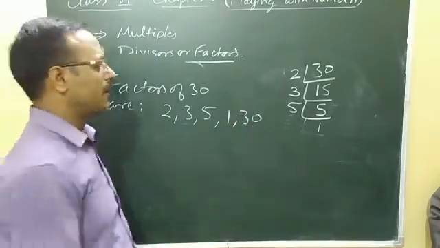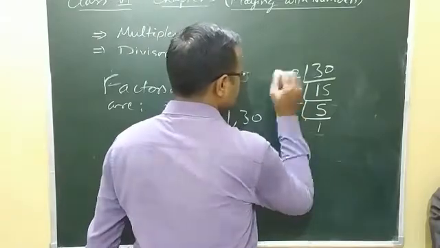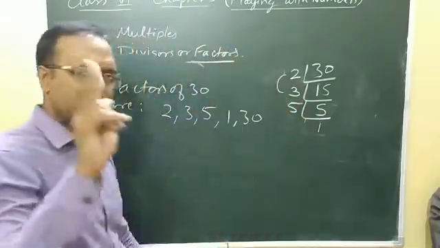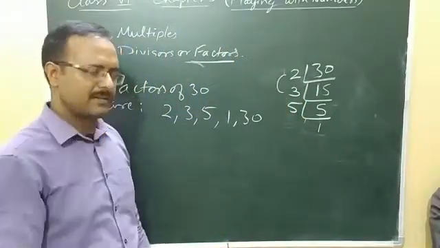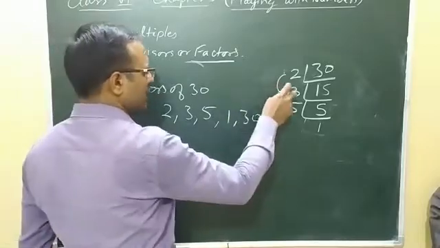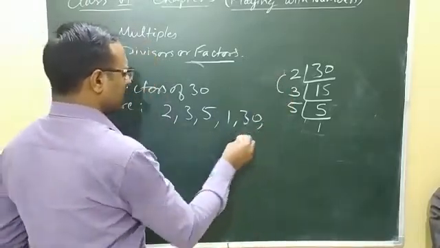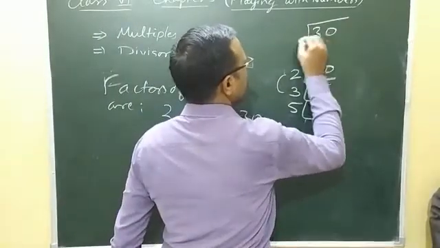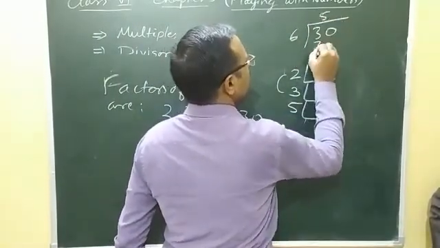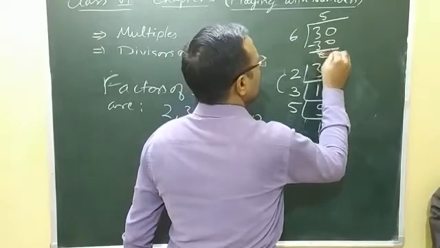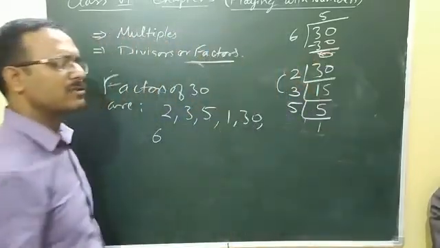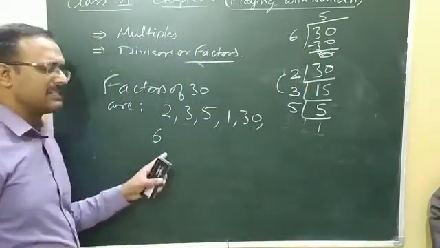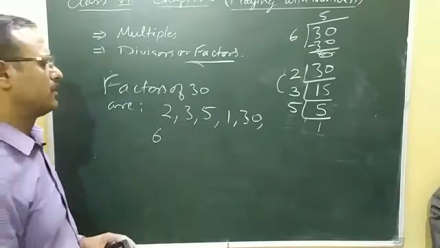How? If you multiply any two factors, you will obtain a new factor. After multiplying 2 and 3, you will get 6. You can see 6 also divides 30 completely. 6 5s are 30. Again the remainder is 0, which means 6 will also divide it completely, and 6 will be a factor of 30.